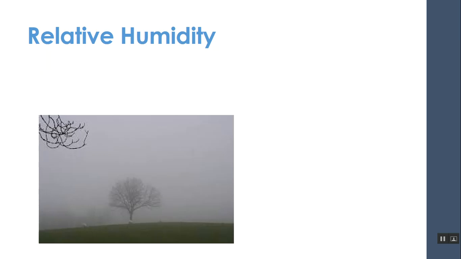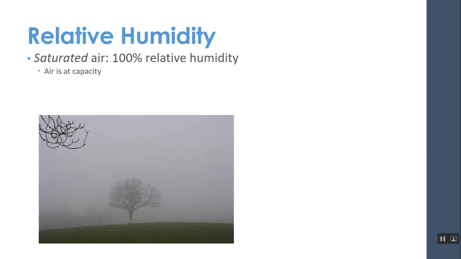And here we see a nice foggy day, which we tend to get less of here in San Diego. Saturated air means the air is holding 100% of the moisture that it possibly can. The air is at capacity. It cannot hold any more moisture. No evaporation is going to occur.